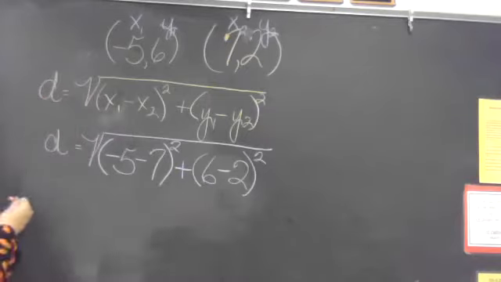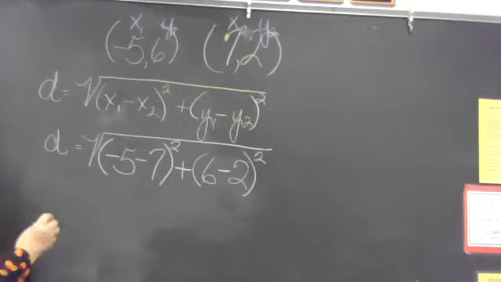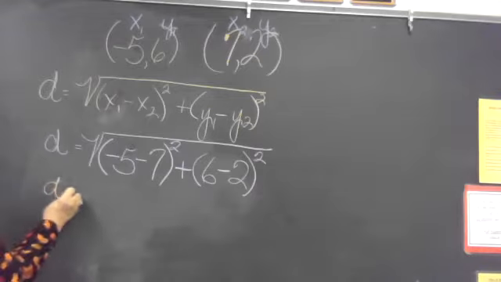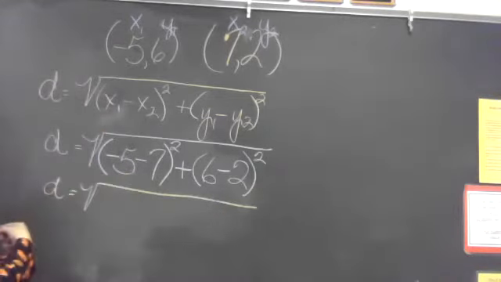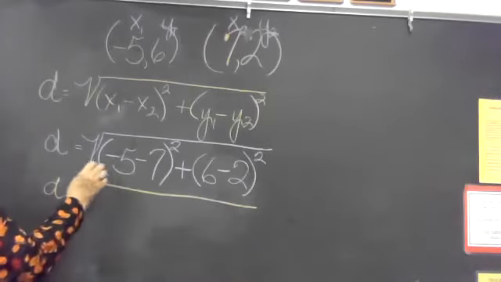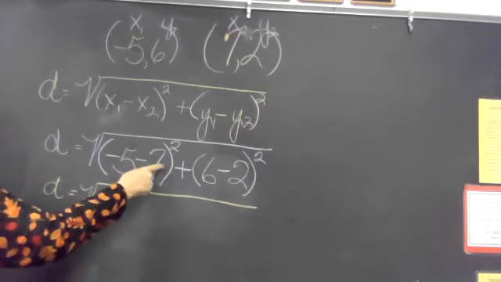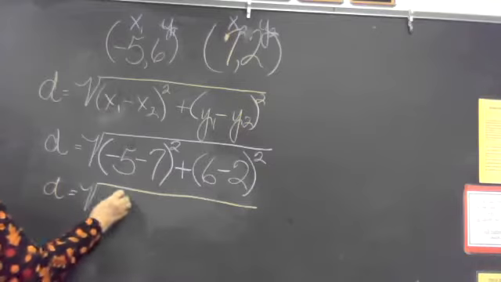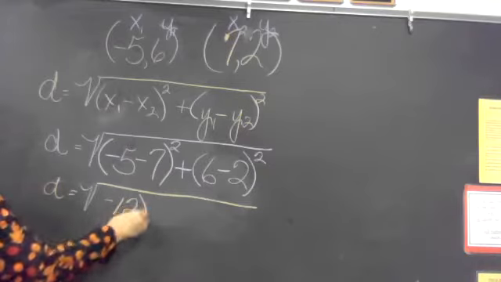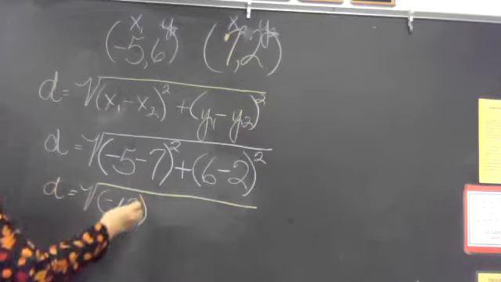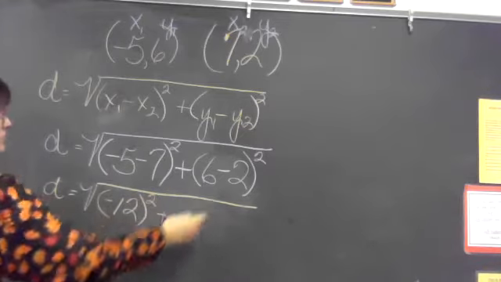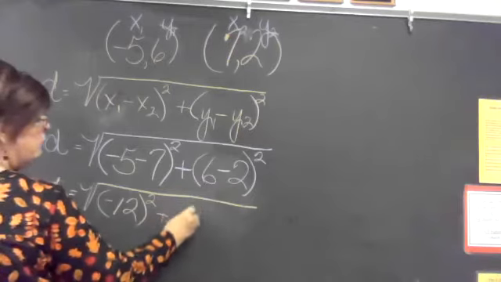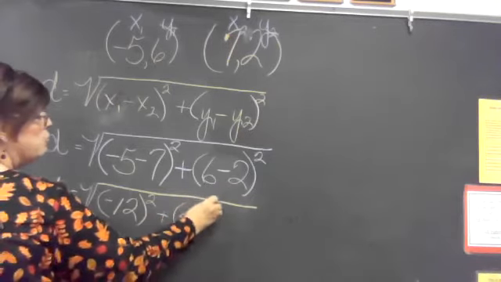Let's do it slow and easy. Distance equals the square root. We're going to work the stuff underneath. -5 minus 7 is -12 because they're both negatives, squared, plus 6 minus 2 is 4 squared.